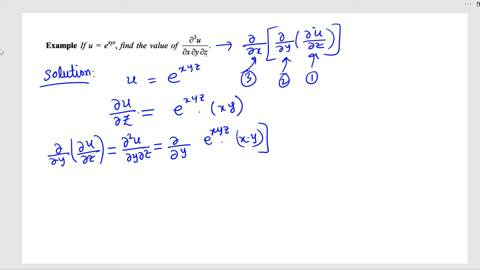Again we have to find out e power xyz into x into y. That means we will have only x.